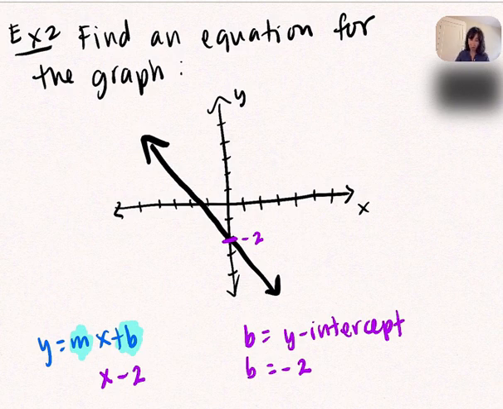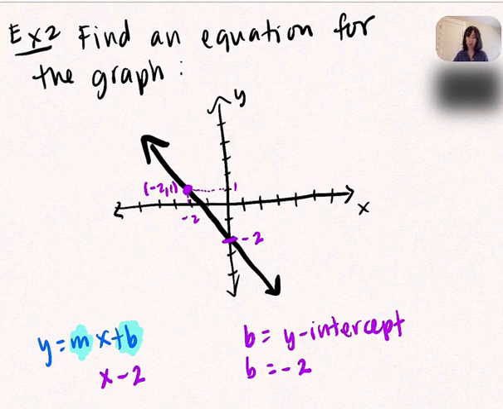Now, to find the slope, we can identify another point on the line and then figure out how many counts we have to go up and over to get to that other point. So notice that it looks like this right here is another point on the line. In other words, it looks like at -2, 1, we have another point on the line.